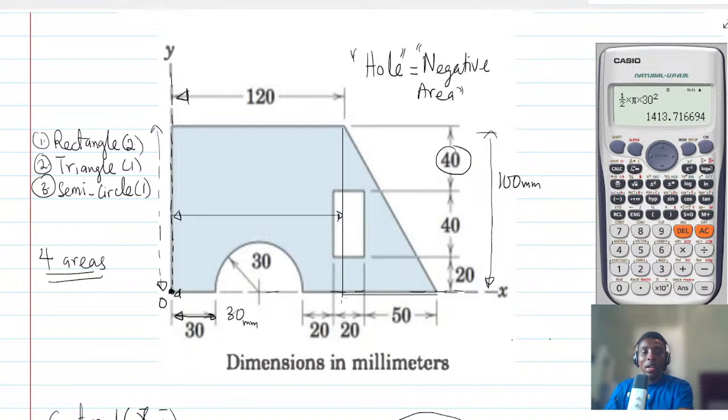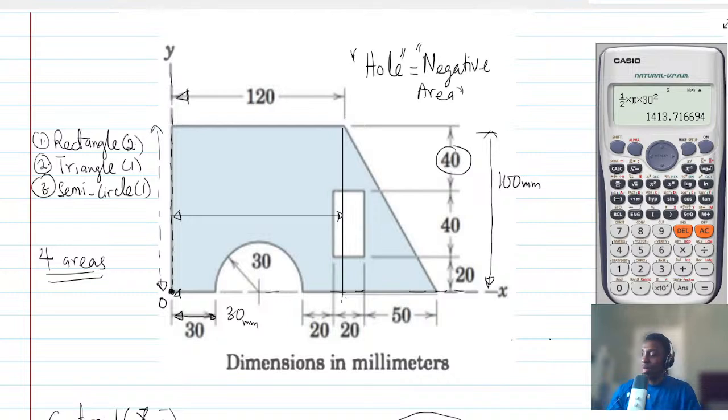So for the triangle, the x bar is going to be... let's find this one first. Already we know that we have 120.